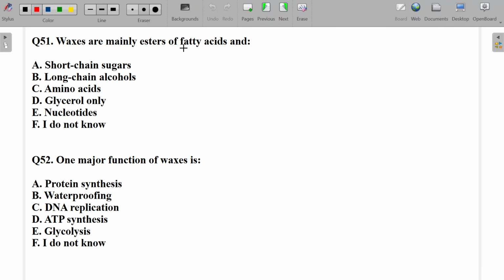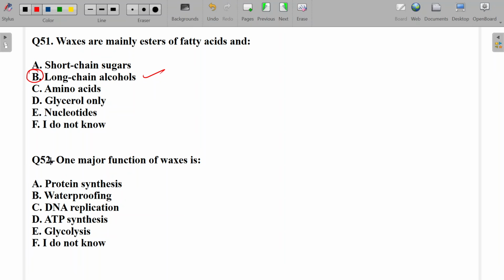Waxes are mainly esters of fatty acids and: A. Short chain sugars, B. Long chain alcohols, C. Amino acids, D. Glycerol only, E. Nucleotides, F. I do not know. B. Long chain alcohols. Yes, it's made up of long chain alcohols.